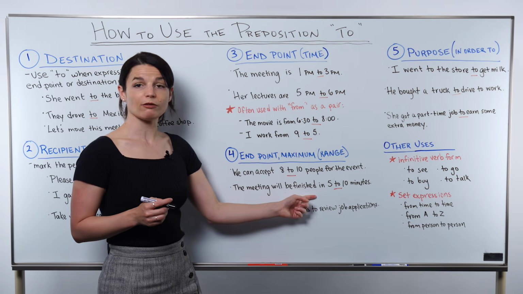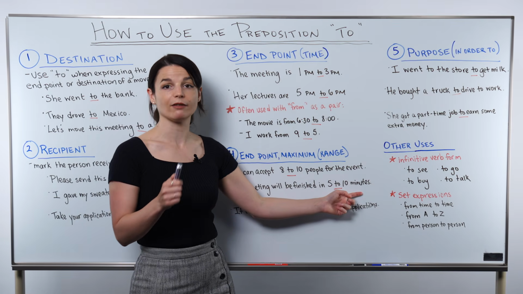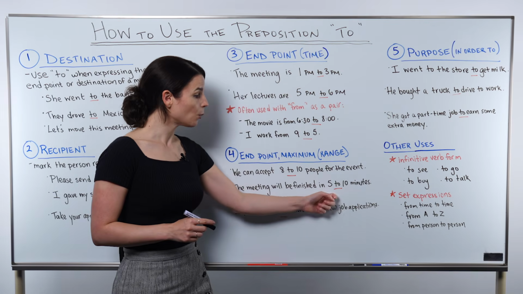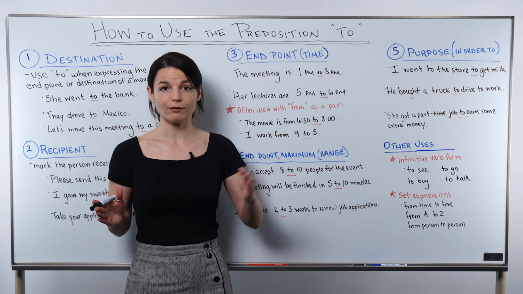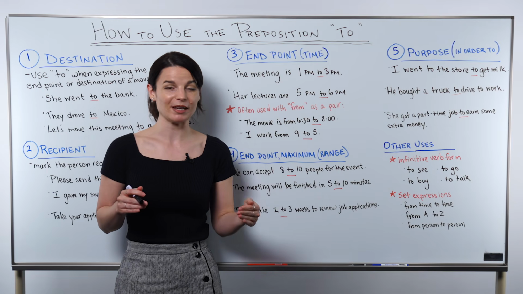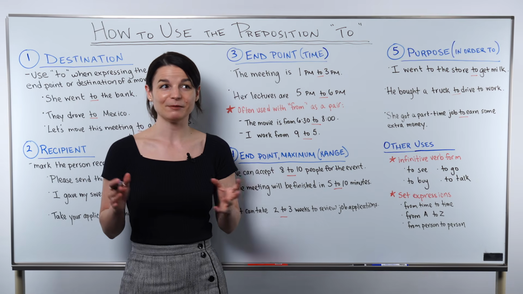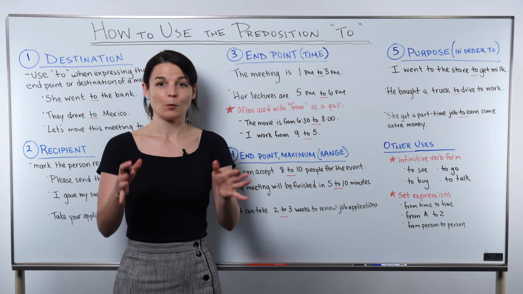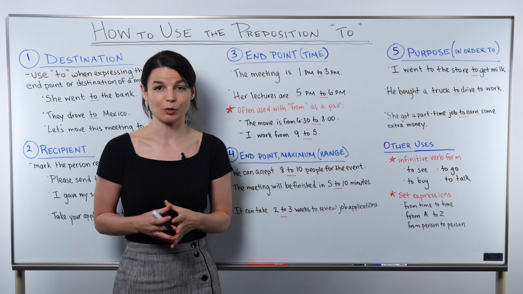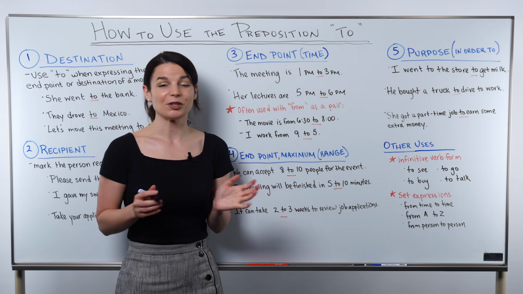The meeting will be finished in 5 to 10 minutes. Again, we have a range here, 5 to 10 minutes. So when you are trying to estimate the end point of your meeting, you probably are going to use an expression like this, maybe 10 to 20 minutes, or when you're talking about a project you're working on, it'll be finished in maybe, I don't know, 1 to 2 days.